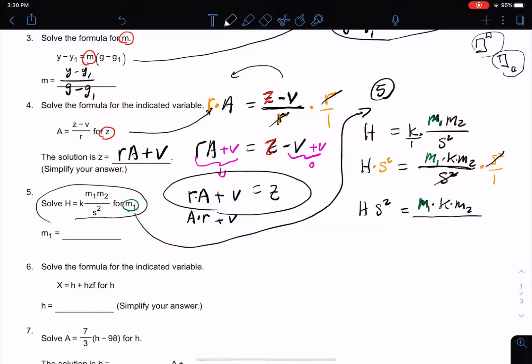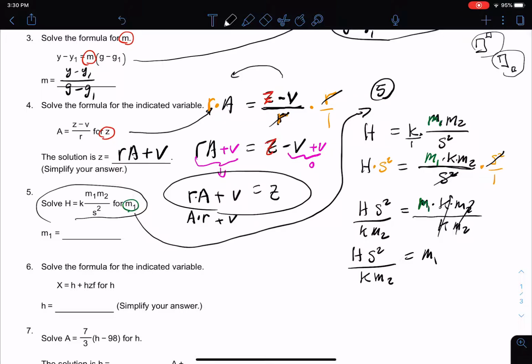How could we undo that? Its inverse is division. So if I simply divide by K times M sub 2 on both sides, these will reduce down to 1, leaving me with my M sub 1. And on the left, I've got H times S squared divided by K times M sub 2.